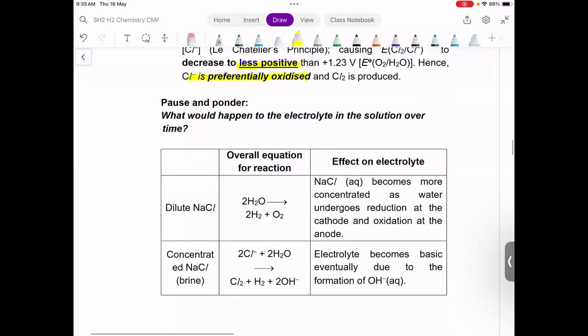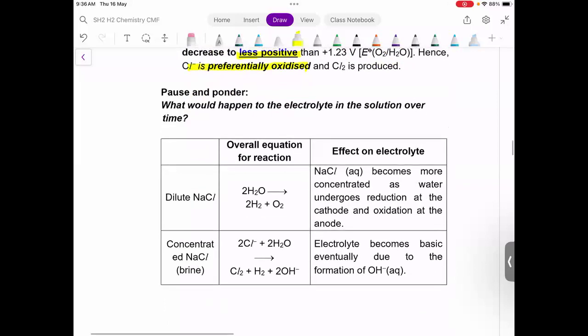So once your dilute sodium chloride is replaced with brine, then you need to recognize that the anode reaction is different. And why has it become different? That is the Le Chatelier's principle. NaCl, sodium chloride. Only for this.